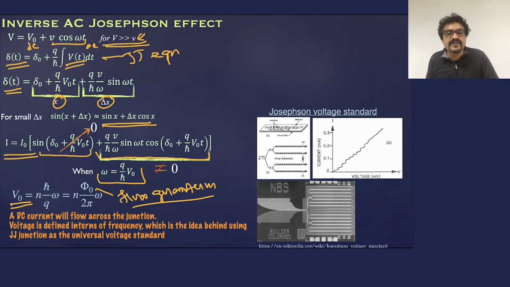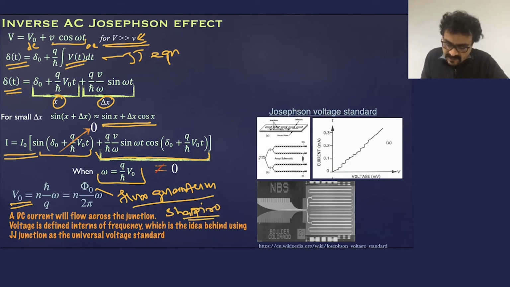These spikes are actually called Shapiro spikes, which we will discuss when we discuss quantum metrology in the next module.